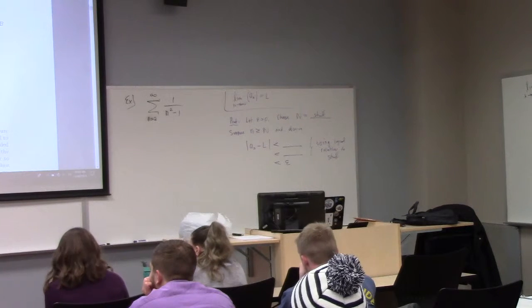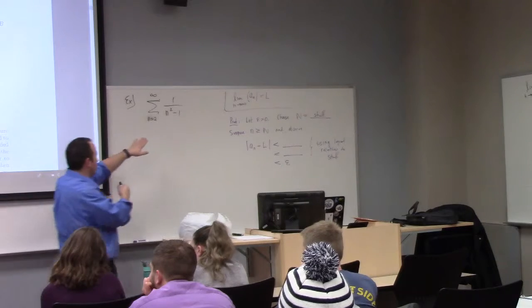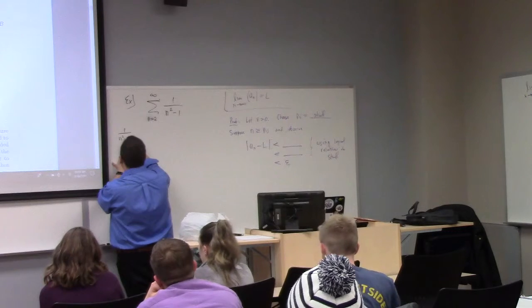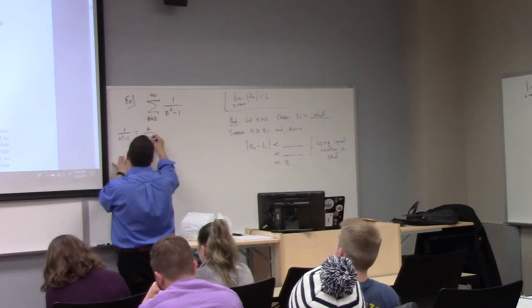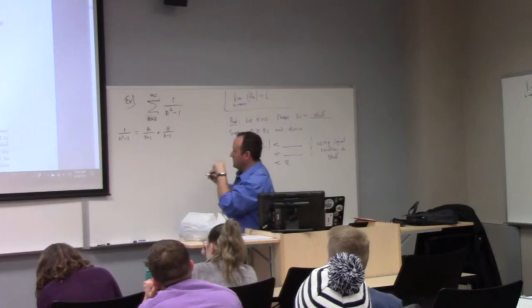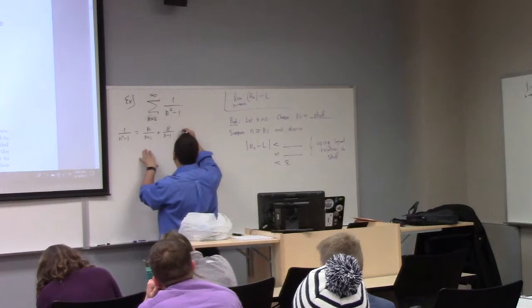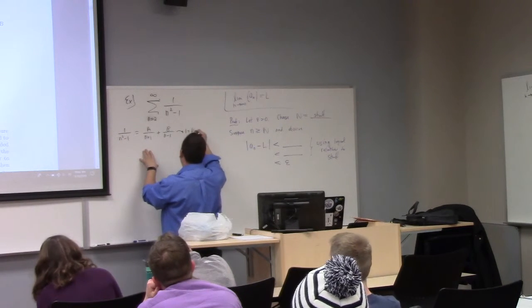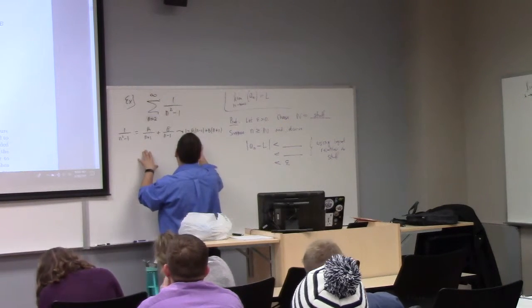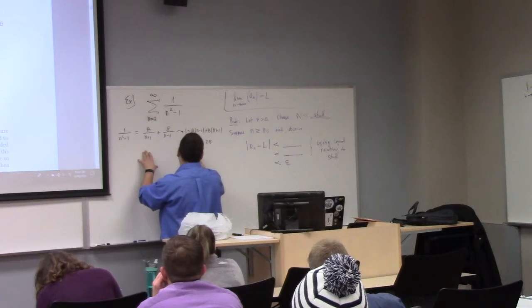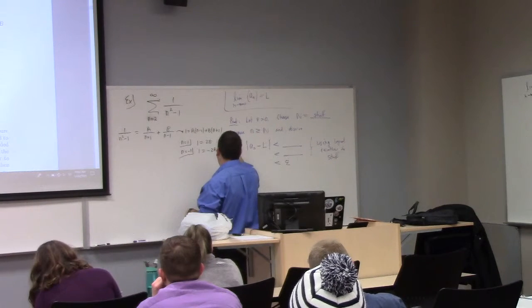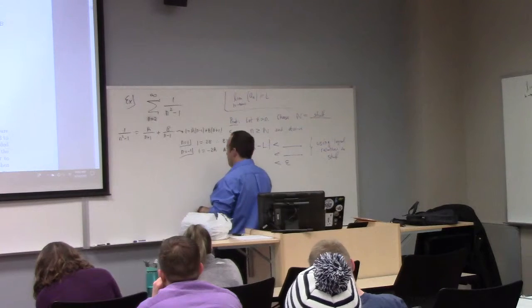It's not obvious here at the start, but after we do a little bit of algebra, partial fractions, we can see what A and B are going to be. If I put n equals 1, I get 1 is equal to 2b. If I put n equal to minus 1, I get 1 is equal to minus 2a. So apparently b is a half, and a is minus a half for this problem.